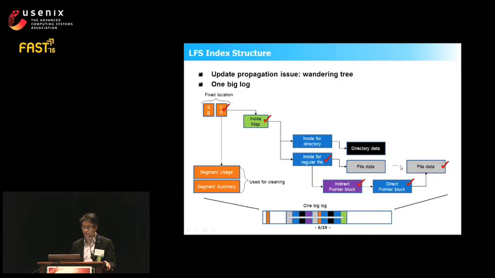So when even one block of file data is updated, we have to update the intermediate blocks, which are required to refer to the new data. This update propagation is a problem of the log-structured index structure. And the LFS has one big log, so everything goes to the same big log.